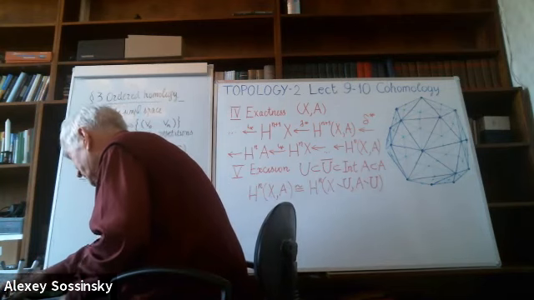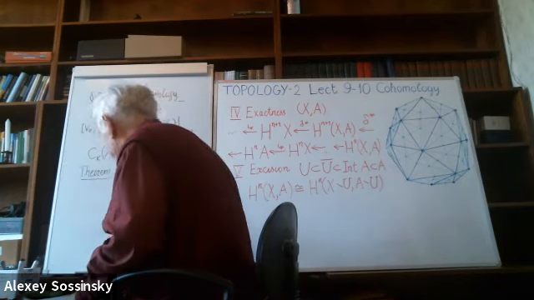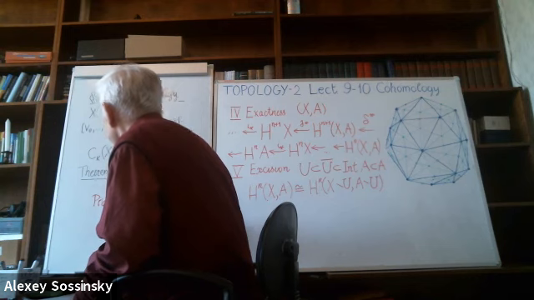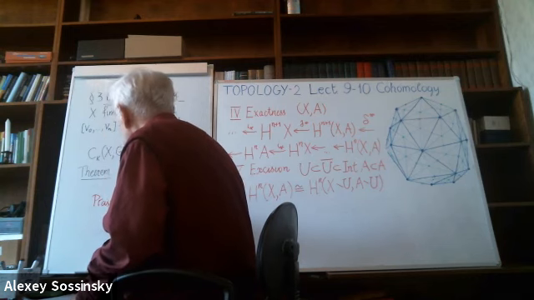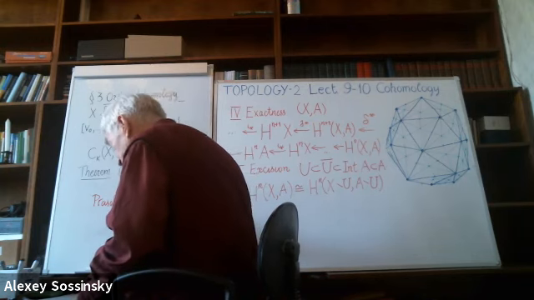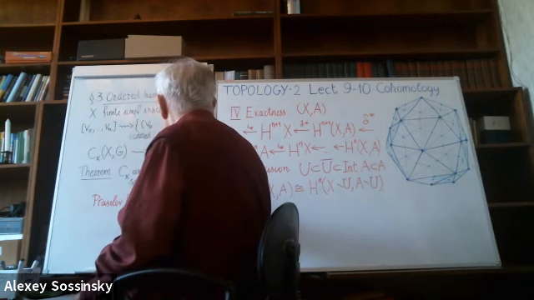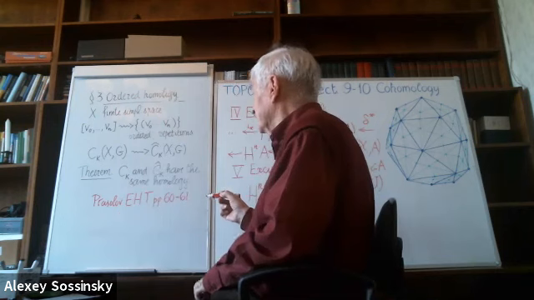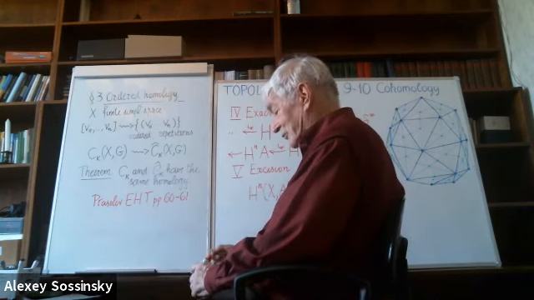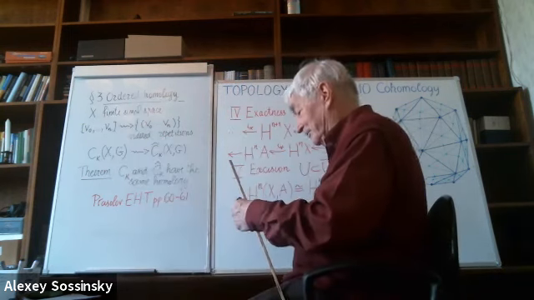In detail, if you want to read this, it is written up in the Prasolov book, Elements of Homology Theory, on pages 60 to 61. So it's not very complicated, but it does involve two non-trivial notions, which we have fortunately already studied.